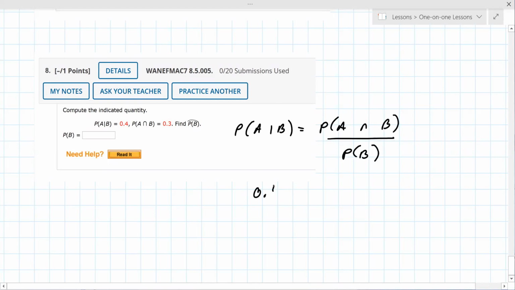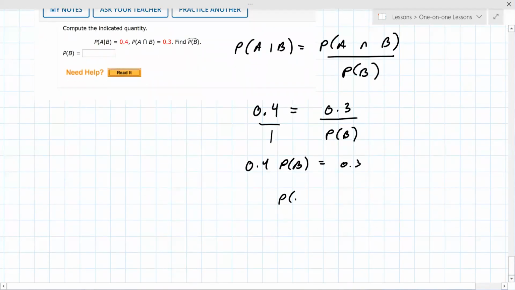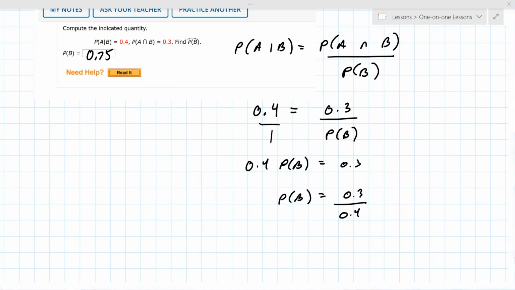You have the numerator, but you don't have this bottom number. So to solve for this bottom number, you cross multiply: 0.4 times probability of B equals 0.3, and then you divide. So probability of B equals 0.3 divided by 0.4, and that is 3/4 or 0.75.